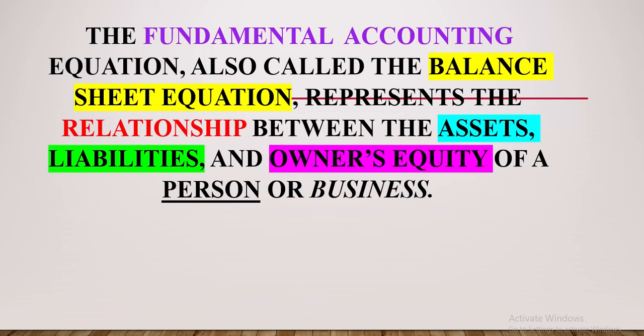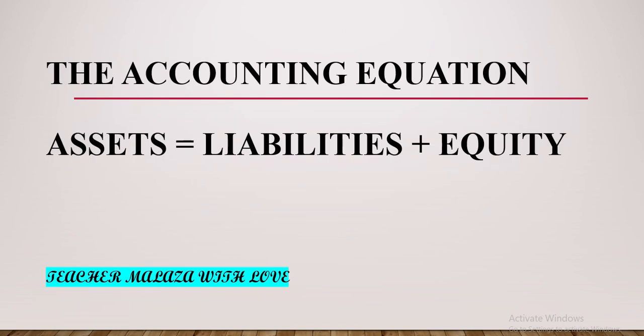Para lang silang relasyon. Dapat balance. Hindi yung lamang yung isa at lamang ka. They must be balanced. Okay, so what is accounting equation once again? Accounting equation is assets equals liabilities plus owner's equity. So that is accounting equation.